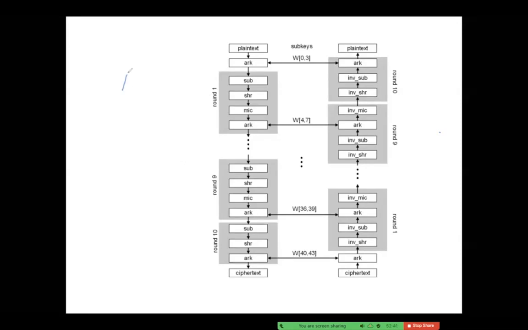So this is AES 128. It has 10 rounds, and it would need to use 11 keys, subkeys.